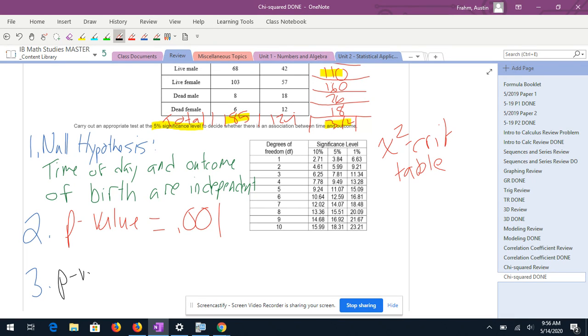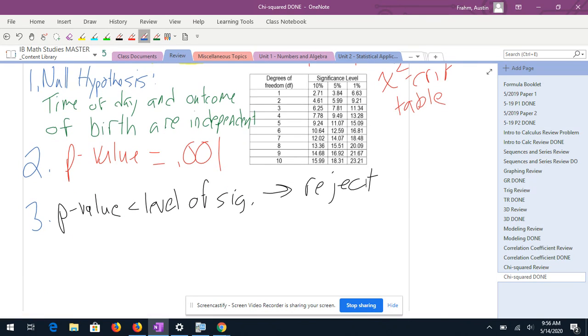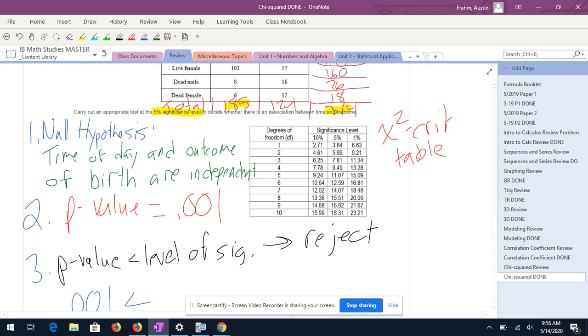If the p-value is less than the level of significance, then you would reject. Our p-value we just wrote down is 0.001, and we have to ask, is that less than the level of significance? The level of significance is 5%.